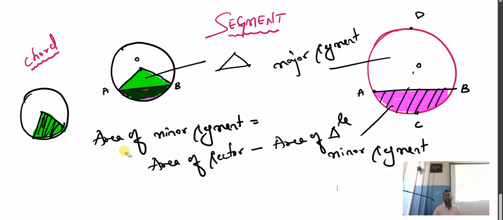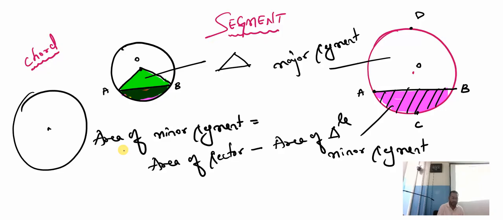Understood how to find the area of the minor segment? First we have to calculate the area of the sector.